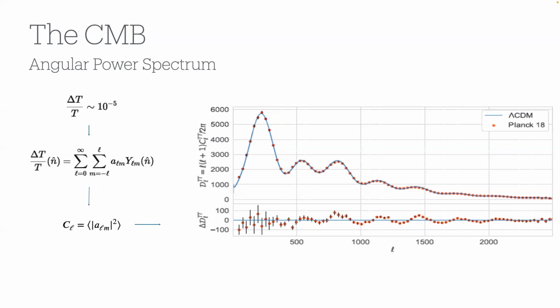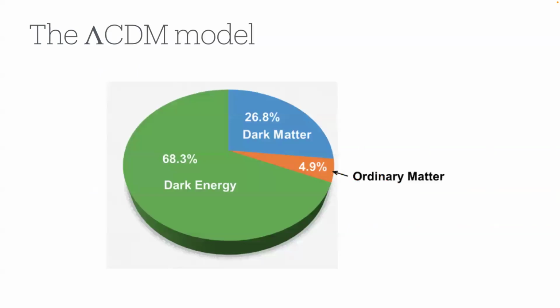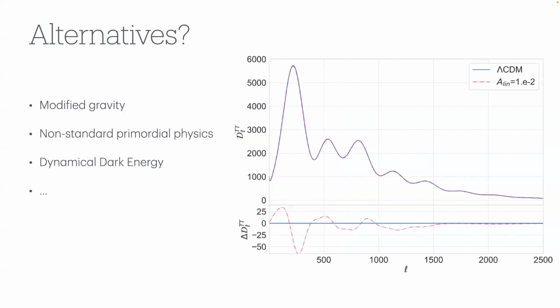But the idea is, how can we use this neural network classifier with this data if I already kind of know, okay, we accepted, at least until last year, that the lambda CDM model was widely recognized. Of course we have the lambda CDM model. We know that almost 70% of the content of the universe is dark energy, almost 27% is dark matter, and only about 5% is ordinary matter. But then we have alternatives, right?